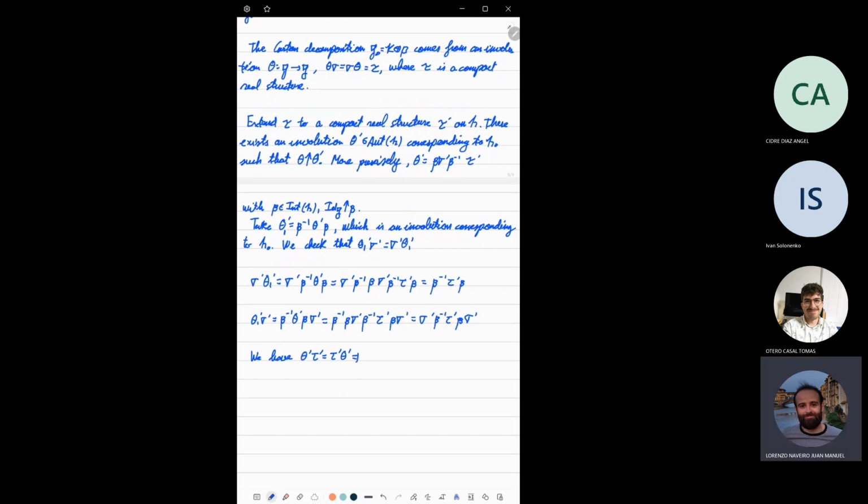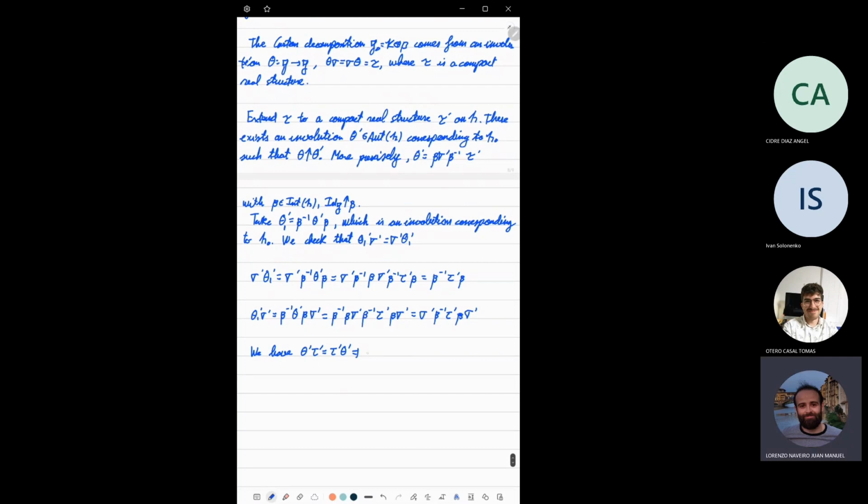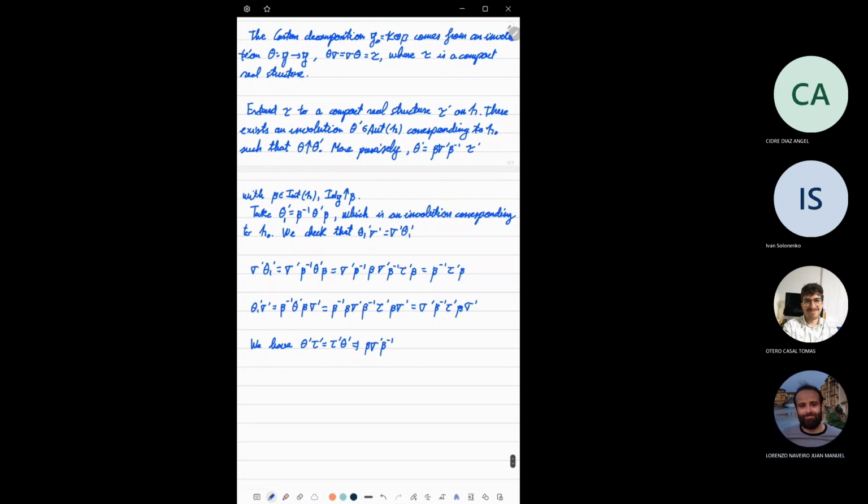So this means that beta minus 1, no, sorry, beta sigma prime, beta minus 1, tau prime is equal to tau prime beta sigma prime beta minus 1 tau prime. I think this should work. Check.